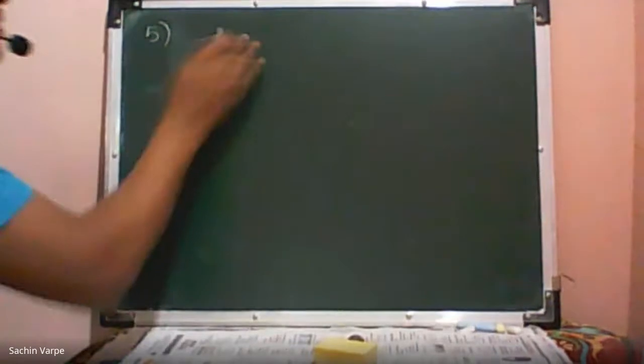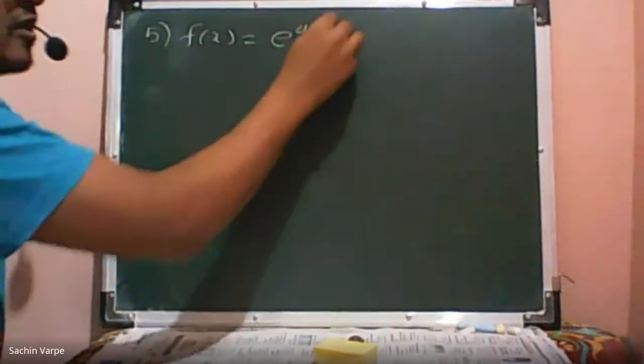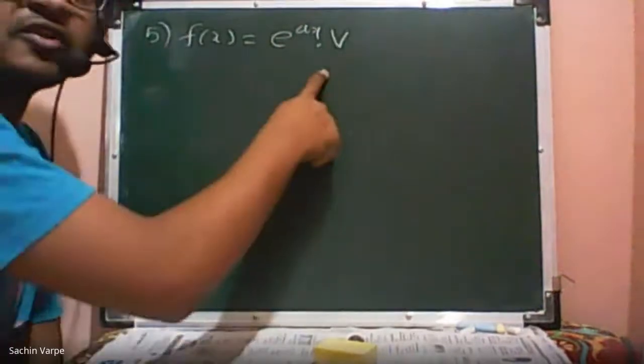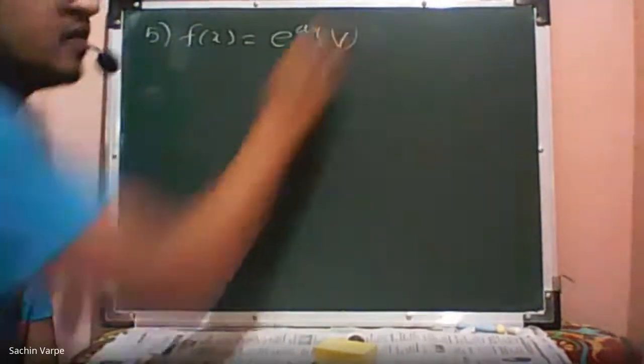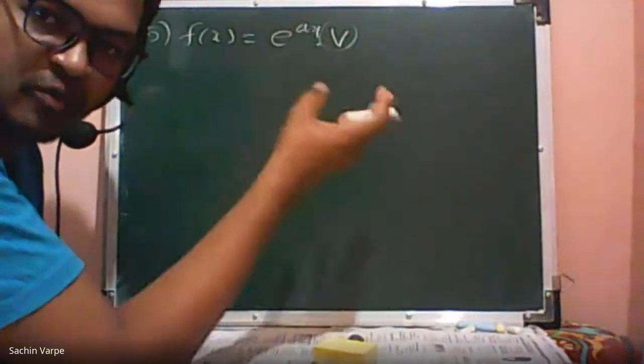Then I think we have discussed the next case also, case number 5. Yes, case number 5. That is, f of x is e raised to ax into v, where v is any function of x, among sine or polynomial function and so on.